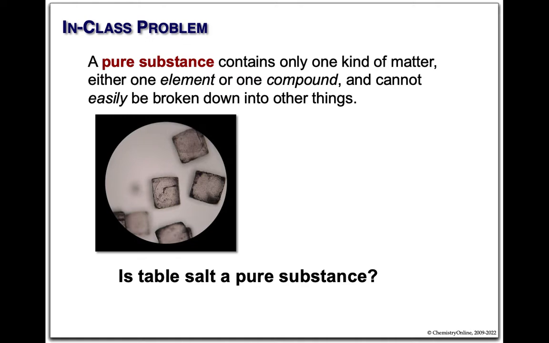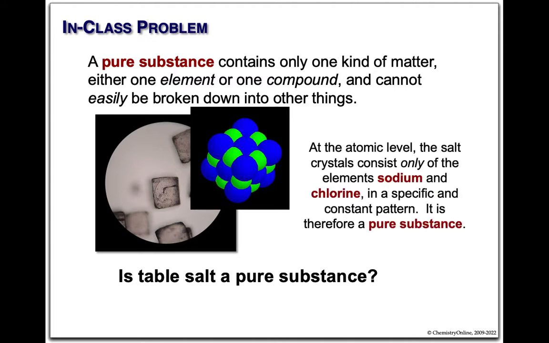Once again, on an atomic level, each of these consists of a cubic array of sodium and chlorine atoms. That's all that's there. This is what we call an ionic compound. Again, that's chapter 3. Sodium and chlorine atoms, that's it.